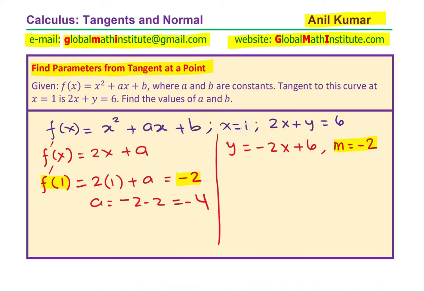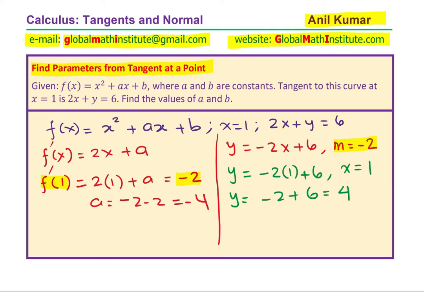The other value you can get from the point itself. So let's do that. We know y should be equal to what? At x equals 1, I'm substituting 1 in the tangent equation, because the point is common to both tangent and the curve, right? So the y value is minus 2 plus 6, which is 4. So we can substitute the value 4 in the given equation and relate b.